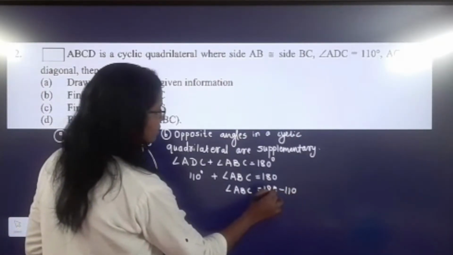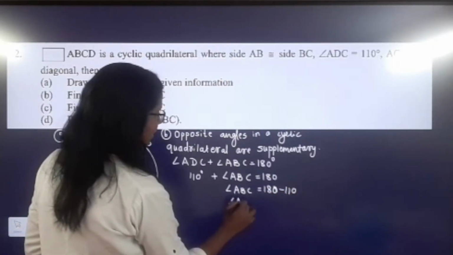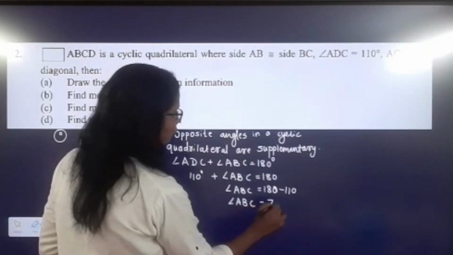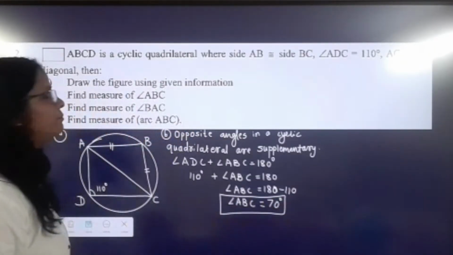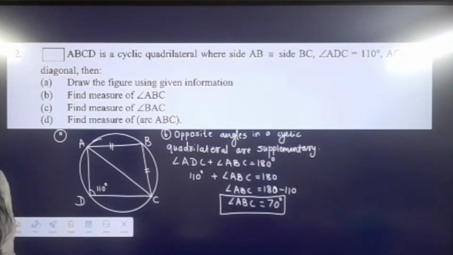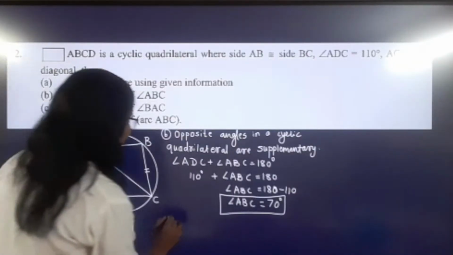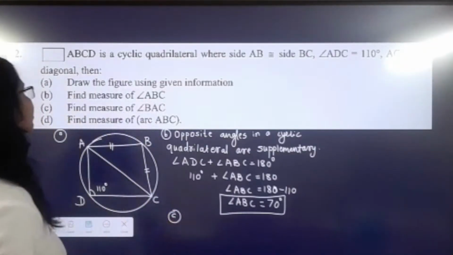So here, students, angle ABC is equal to 70 degrees. Okay. Then the first part is over, angle ABC is equal to 70 degrees. Okay students, and then, students, the next part, that is the C part.